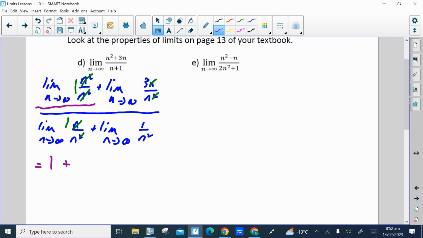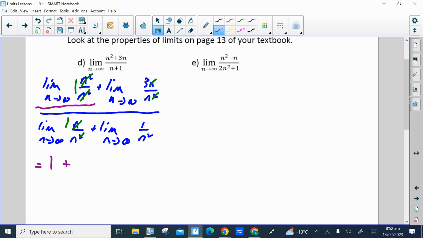Now the second term on top, the limit as n approaches infinity of 3 over n. That means that n is going to get larger and larger as it approaches infinity. And when you divide 3 by a number that gets bigger and bigger, your answer will get smaller and smaller. For example, when n is 1, you'll get 3 over 1.